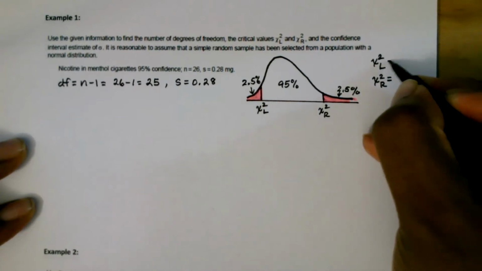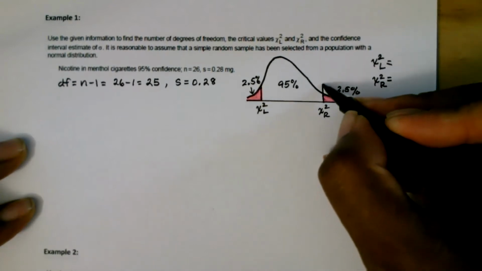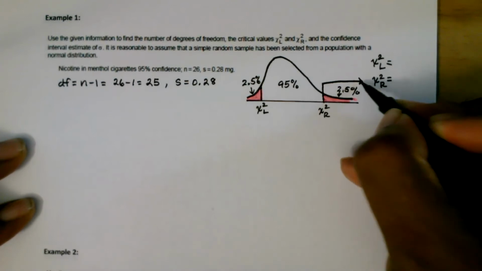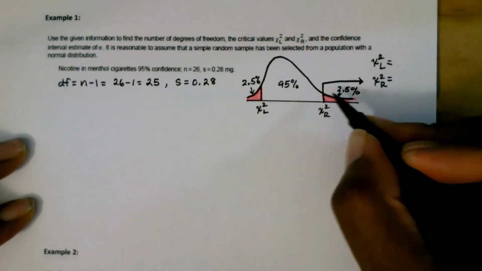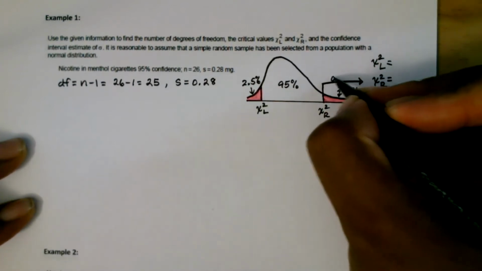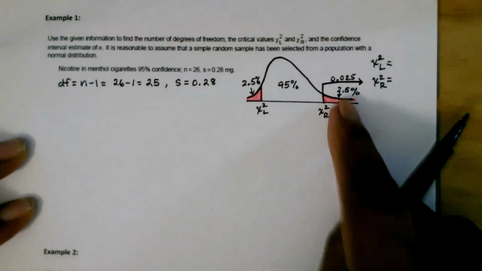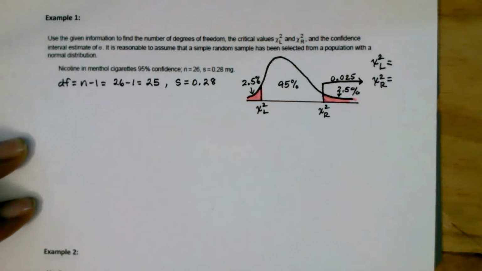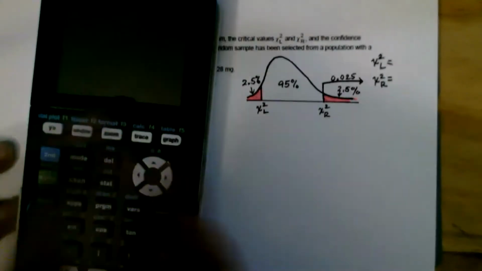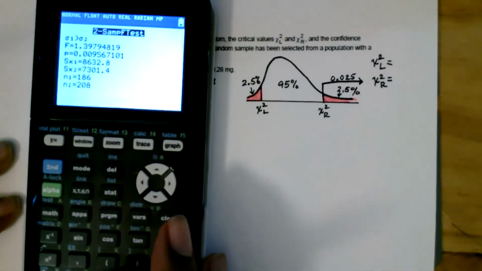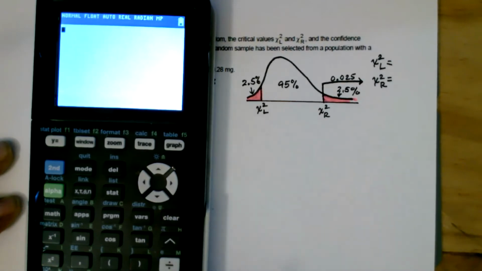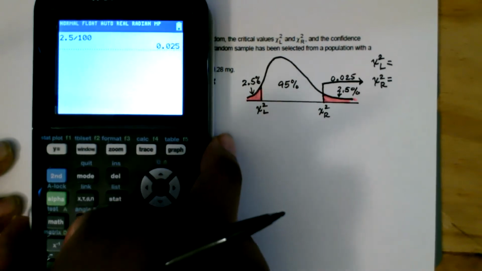I'm first going to find the chi-square value on the right, because if that's 2.5%, let's write that as a decimal as 0.025. You can take your calculator, do 2.5, and divide that by 100 when you convert from a percent to a decimal. So you have 2.5, divide that by 100, you'll get 0.025.